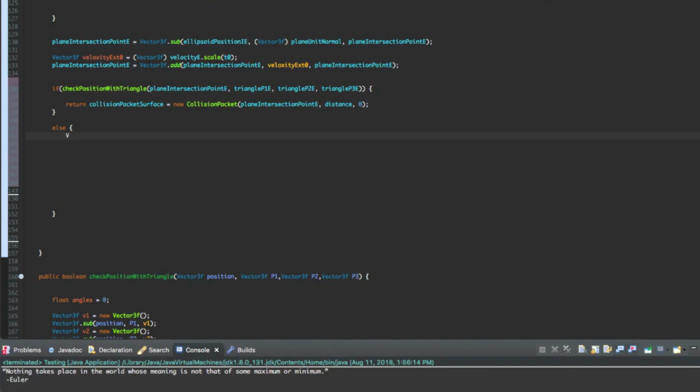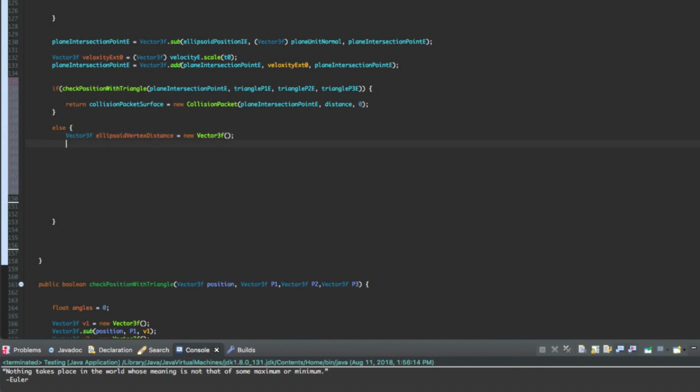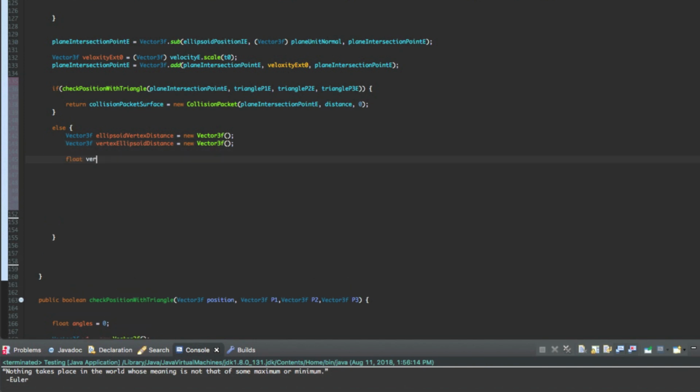We are going to initialize a few objects. The first one will be a vector 3f, which is the ellipsoid vertex distance. And we are also going to need the opposite of that, which we will call the vertex ellipsoid distance rather. And we're going to need a float, which we will call the vertex time 1.